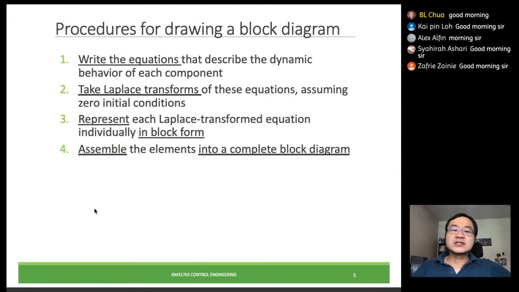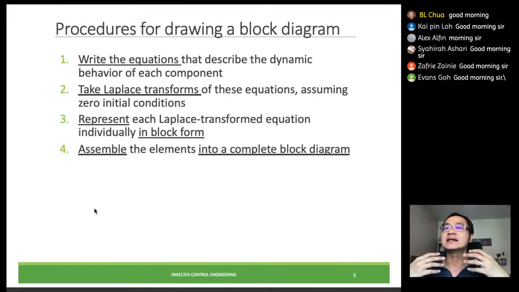The general procedure in drawing a block diagram is like the course outcome itself. We should first write the equations to describe the dynamic behavior of our components, just like a spring, mass and damper system. Then we take the Laplace transform, assuming zero initial conditions, that is, without the input.